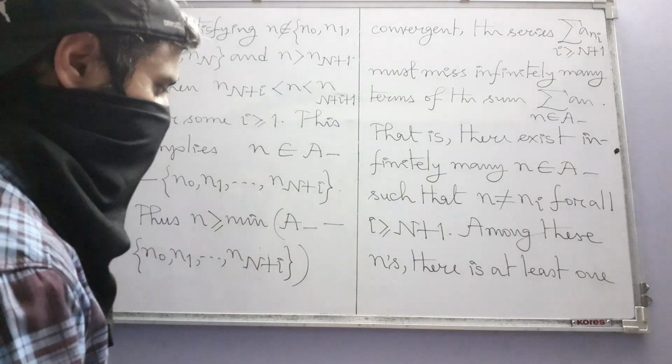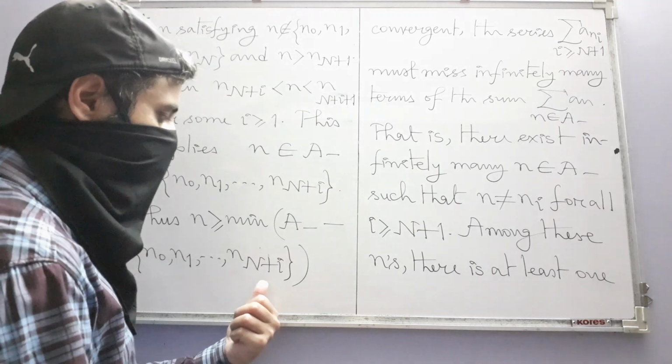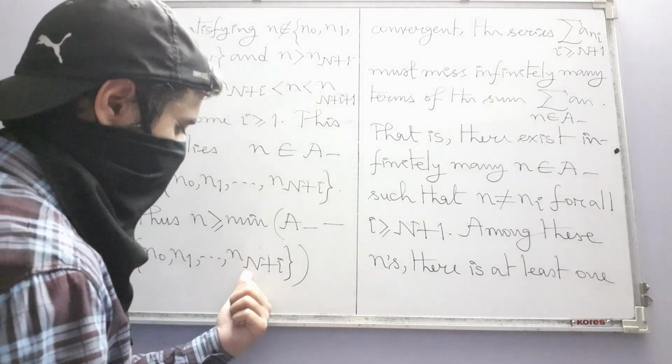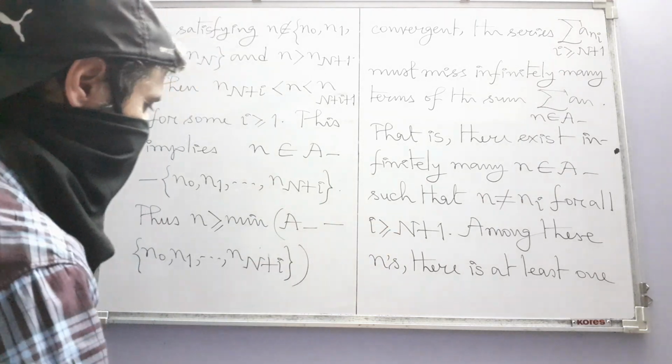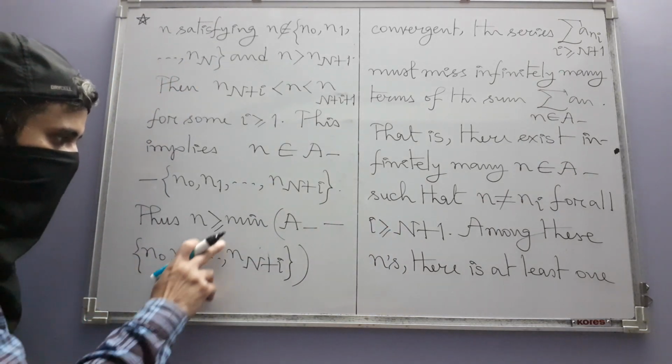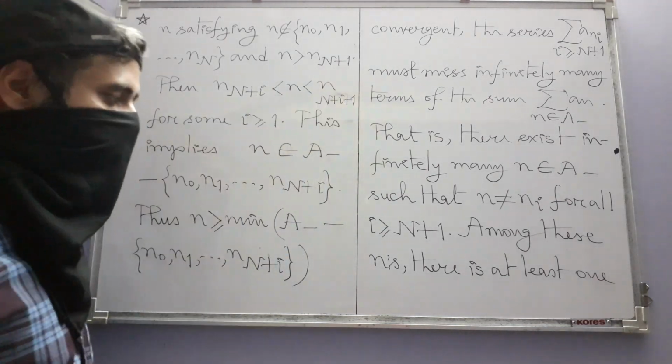And since we know that all these terms, I mean the next one also, n plus I plus 1, are coming from A minus, by case 2 this minimum is nothing but n plus I plus 1.